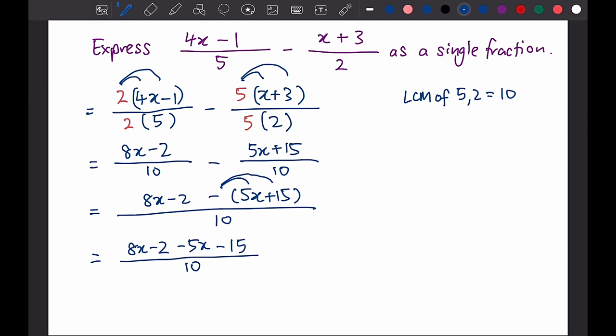So do take note, for this, originally it was a plus, now it is a minus. So that is the effect of having that minus in between two fractions. And then finally we simplify that, and 8x minus 5x means 8 minus 5 is a 3 with the x, and then -2 minus 15 will be minus 17 here, over 10.